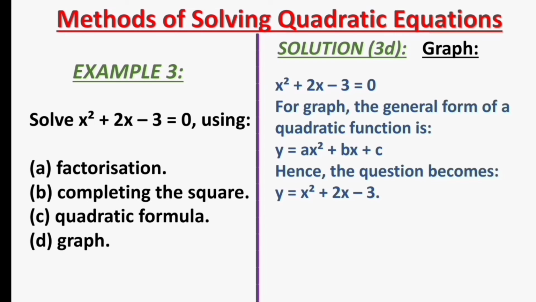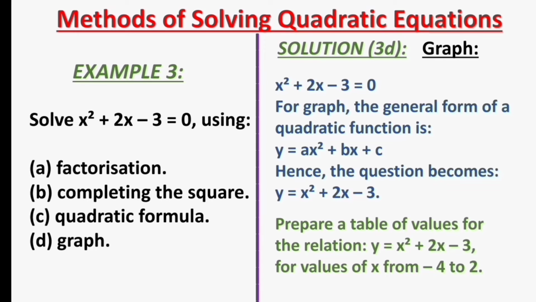That means the original question, which is x squared plus 2x minus 3 equal to 0, becomes y is equal to x squared plus 2x minus 3. That means the 0 has been changed to y. We do this because in our graph we are going to have two axes, the x-axis and the y-axis.